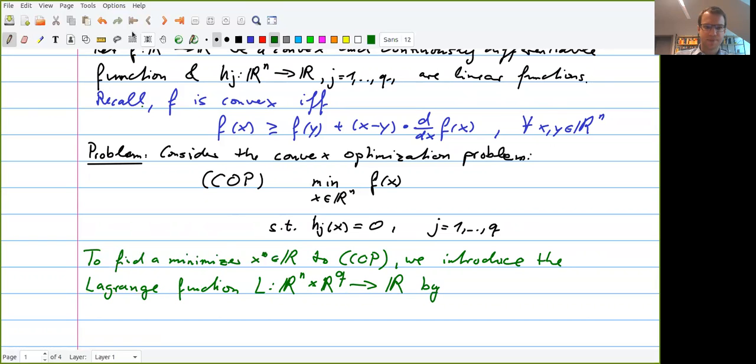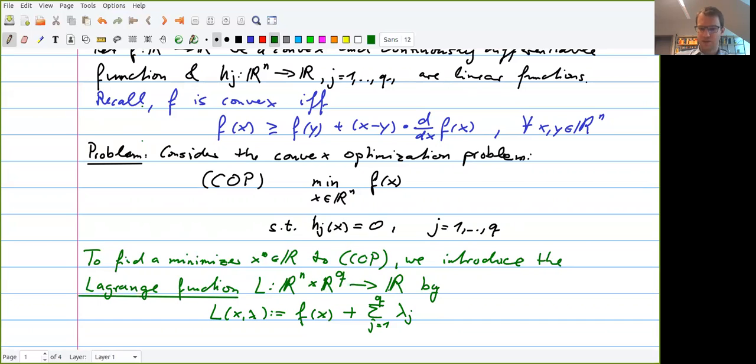And now, what is it? My function L applied to x and lambda is defined as follows: I just take my target function f, which I want to minimize, and now I penalize it with the linear constraints. These are my linear constraints, and then I weight them by the lambda.